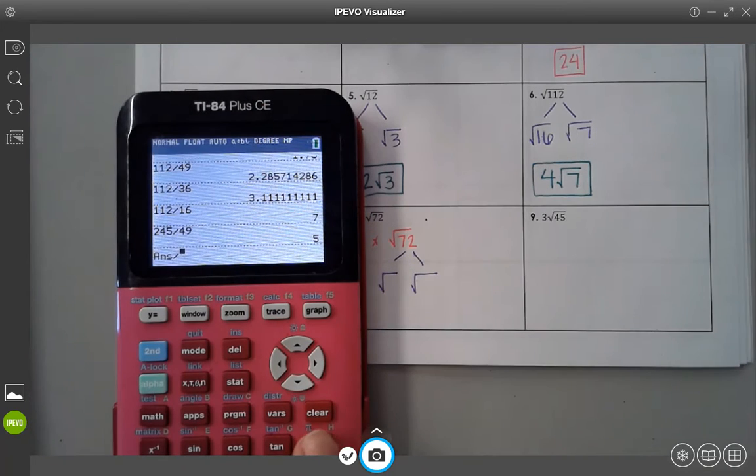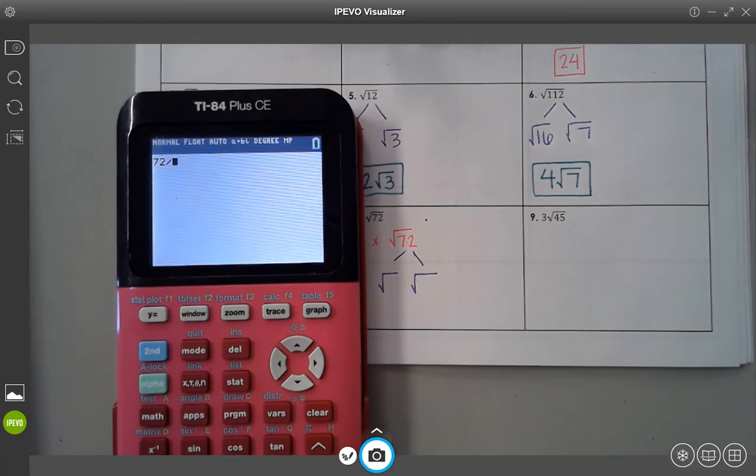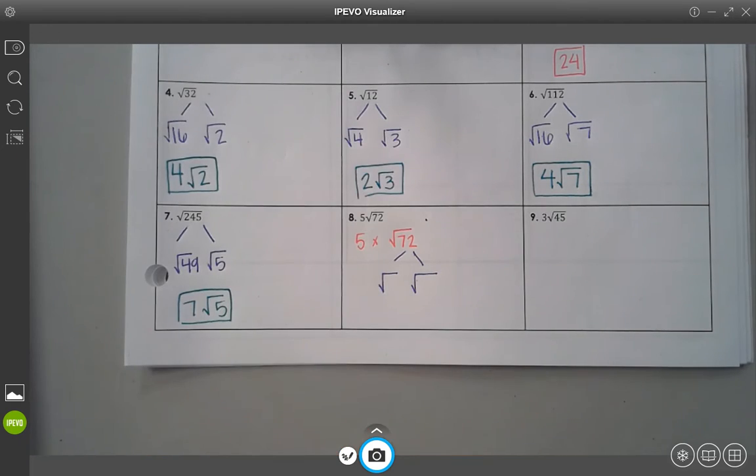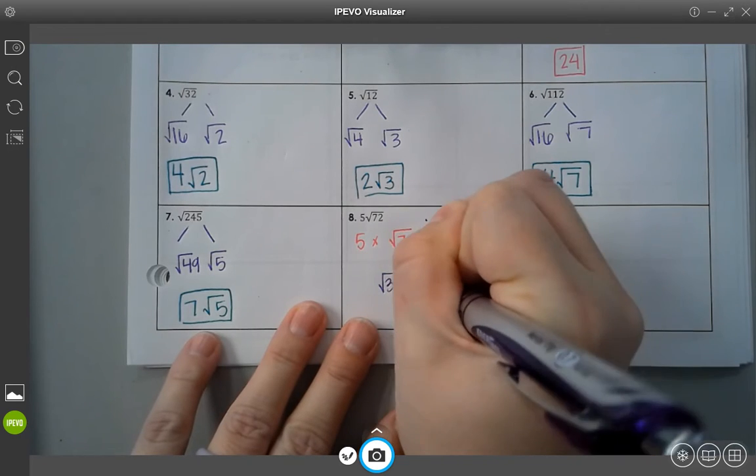If you're not sure, 72 divided by 64. No. 72 divided by, going down my list, 49. 72 divided by 36. There it is. So 36 and 2.